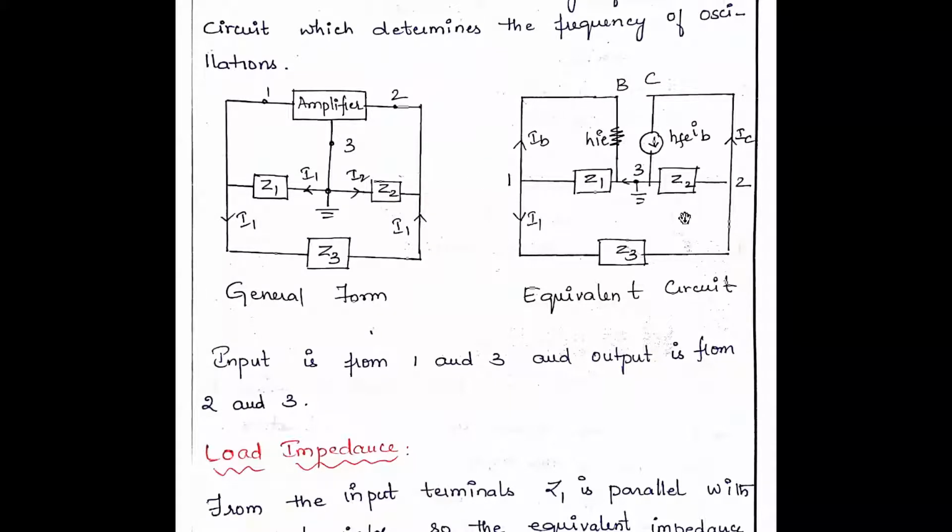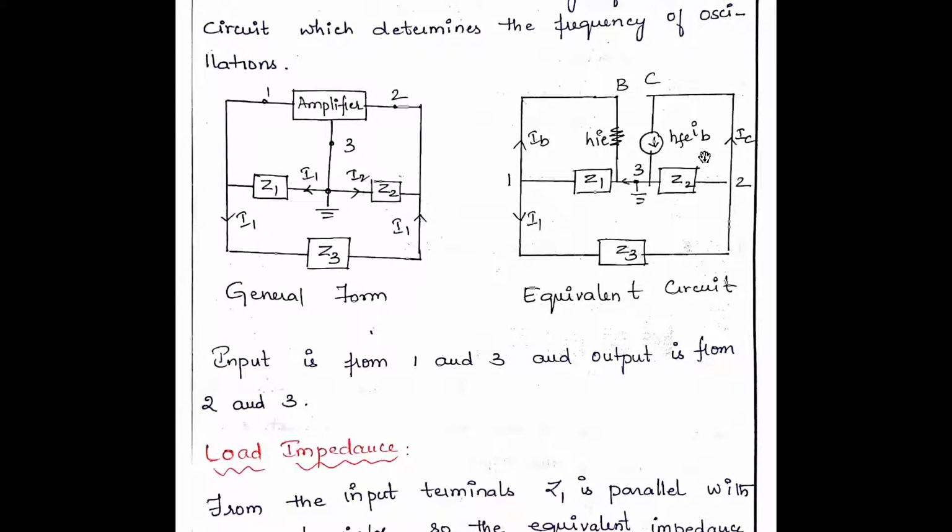So what I am trying to say is the current in the anti-clockwise direction is hfe IB. So what will be the current in the clockwise direction? Minus hfe IB. Yes, very good. The current in the clockwise direction will be minus hfe IB.